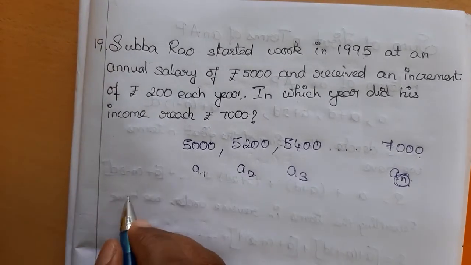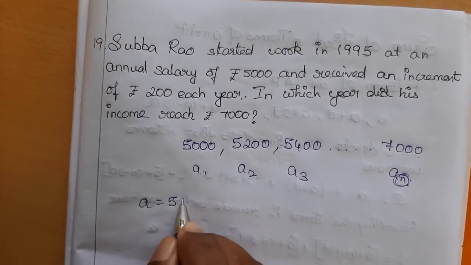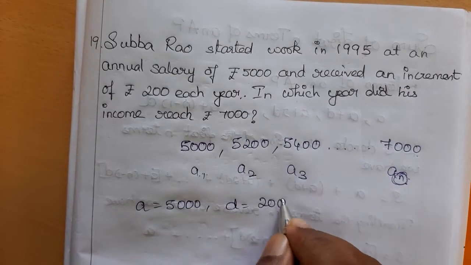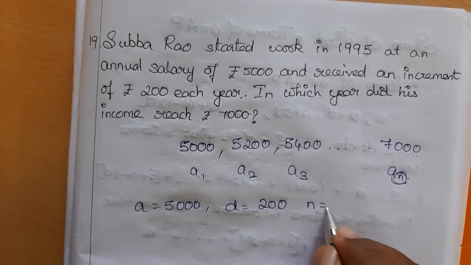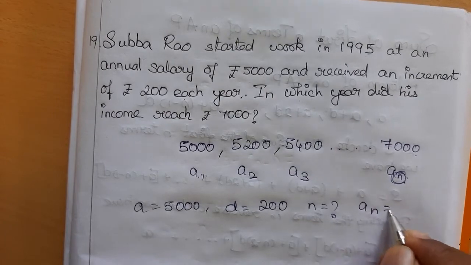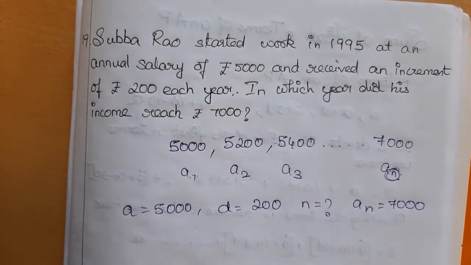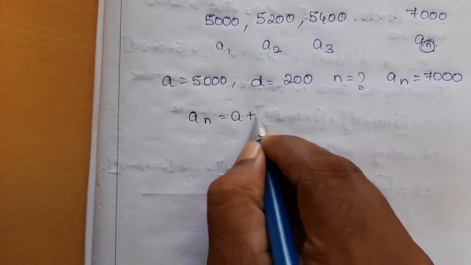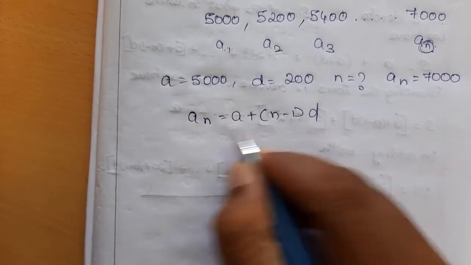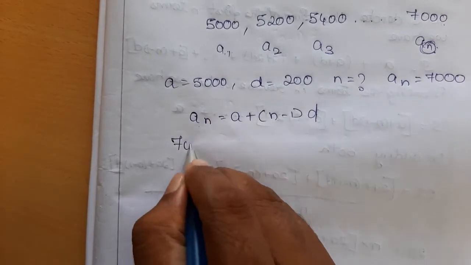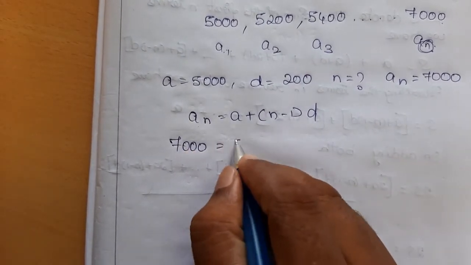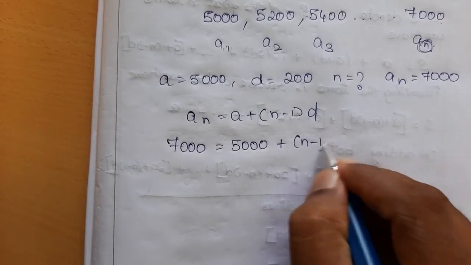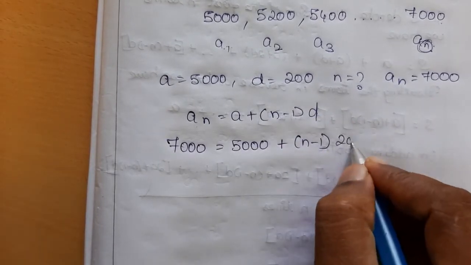So with the given data we can find A is equal to 5,000, D is equal to 200, which is increasing, and n is what we have to find, but An is 7,000. Just apply, we will get An is equal to A plus n minus 1 into D. An is 7,000, which is equal to A, 5,000, plus n minus 1 into D, 200.